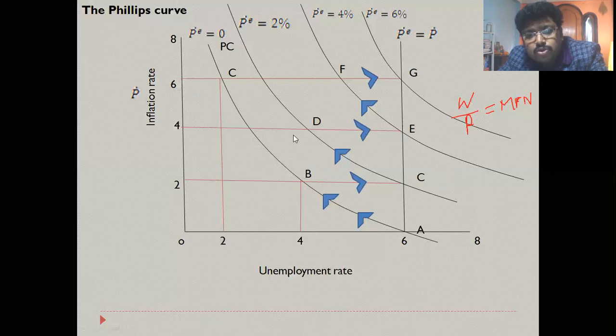So in the long run, only money supply has an effect on the inflation rate. It does not have any effect on the real variables. So money supply does not have any effect on the real variables such as output and employment rate or unemployment rate in the long run.